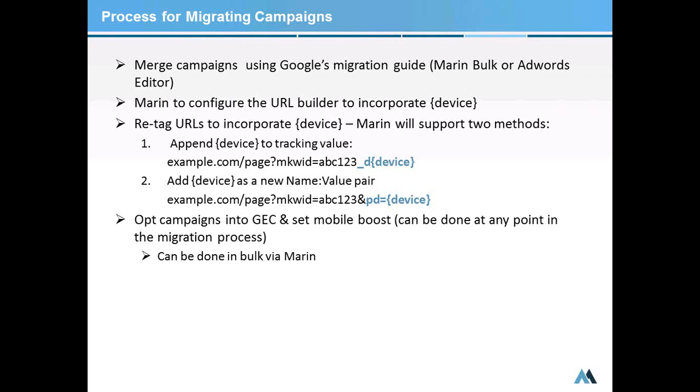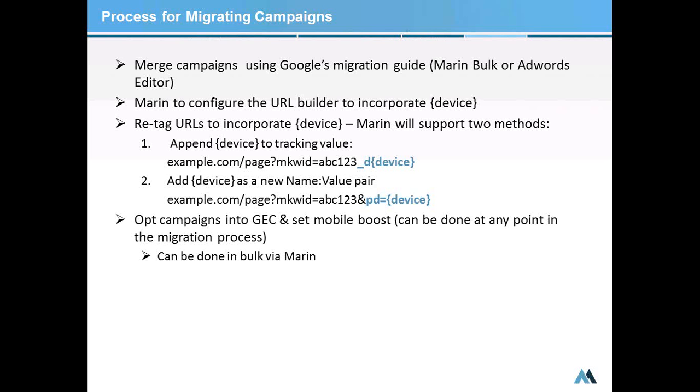And just so you know, we have introduced two methods that you can use to add device. These are very simplified landing pages, very simplified definition URLs. So one example is you can append the device parameter in your mQuid.